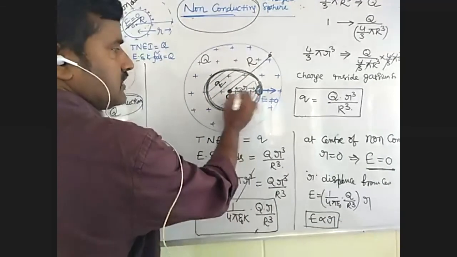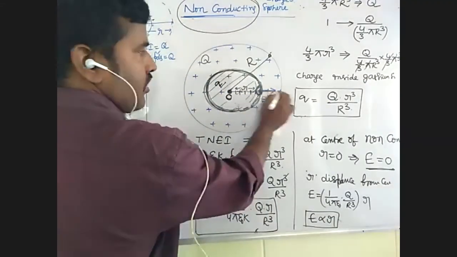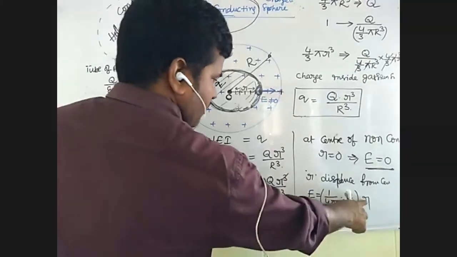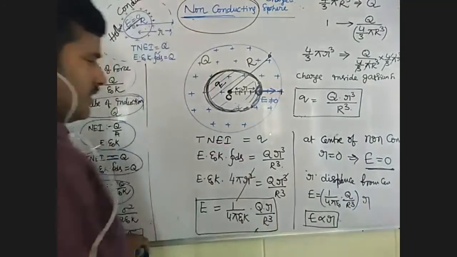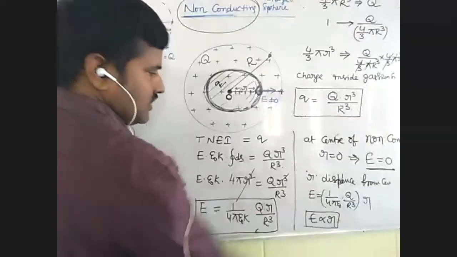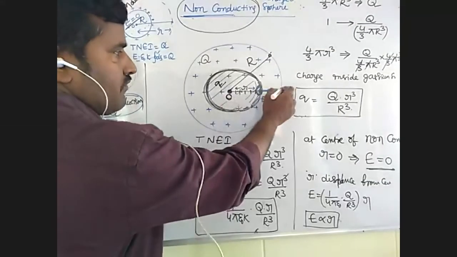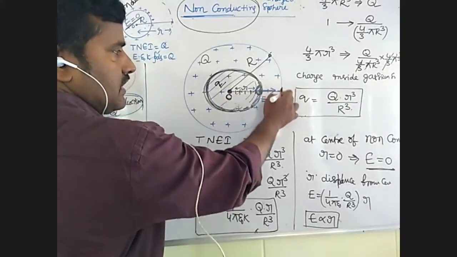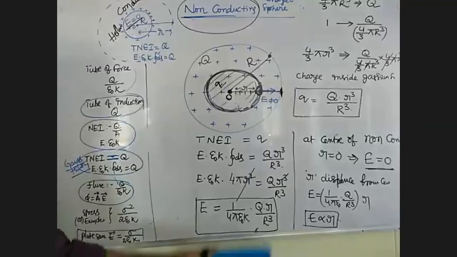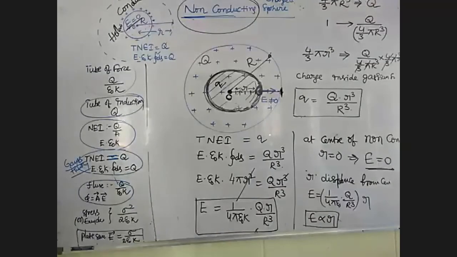On the surface, small r equals capital R, so the intensity is maximum. From the center up to the surface the intensity increases, and after the surface the formula is the same.